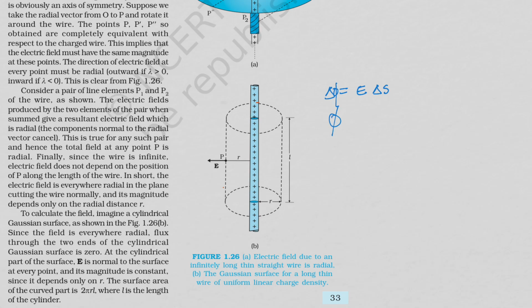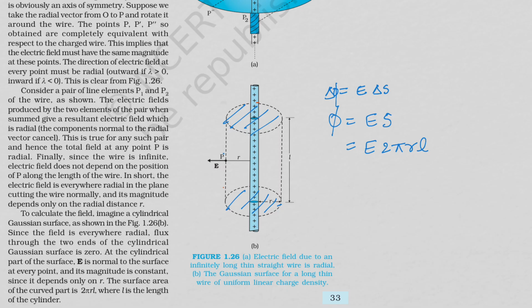Now total flux would be E multiplied by the area, and the curved area is actually 2 pi RL. Okay, we are ignoring the top and the bottom. We are only focusing on the curved area of the cylinder.